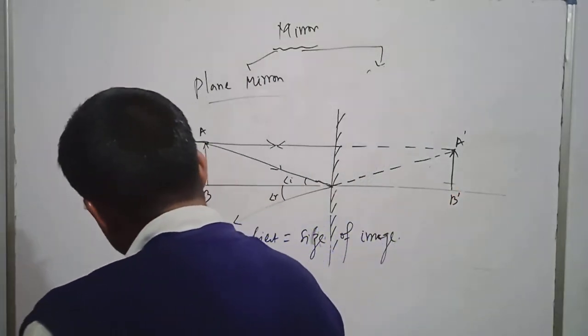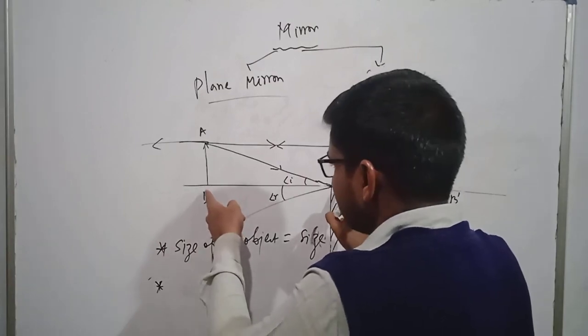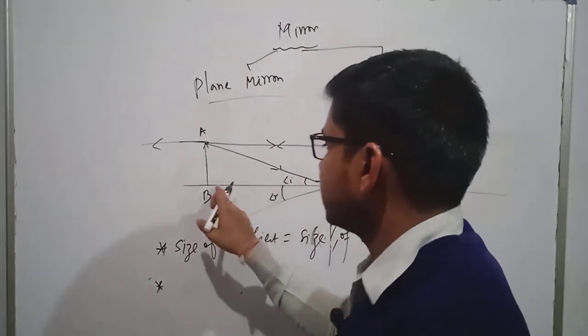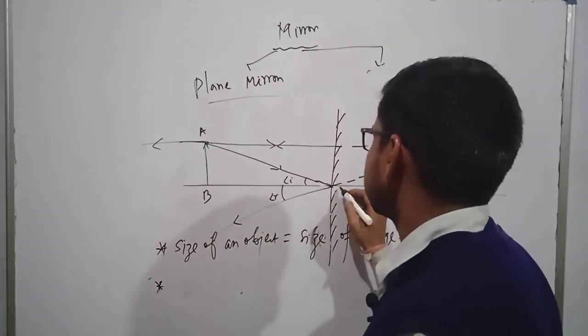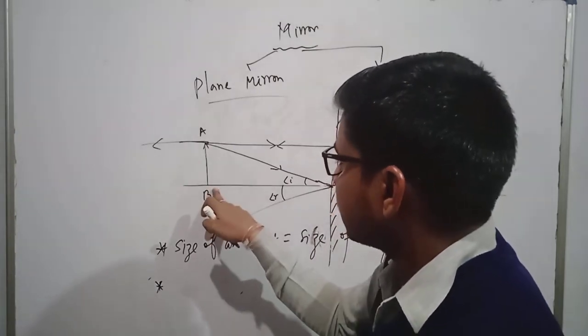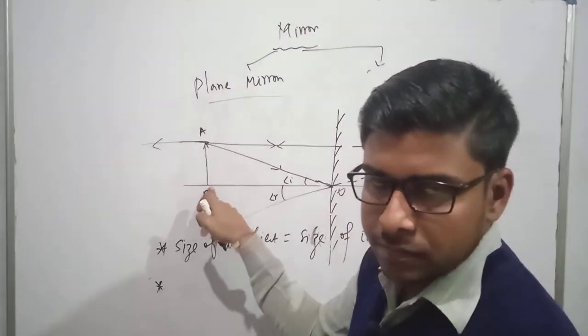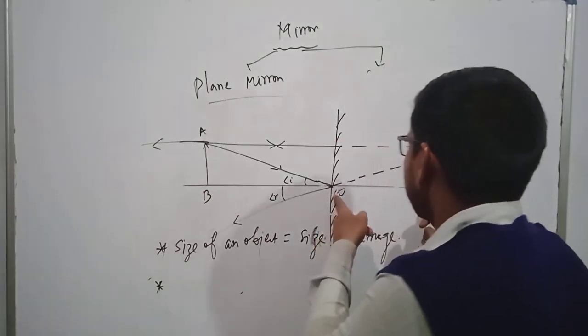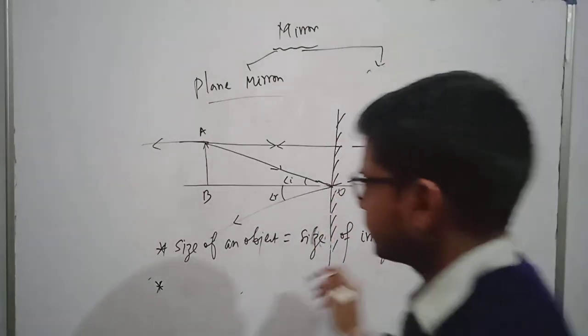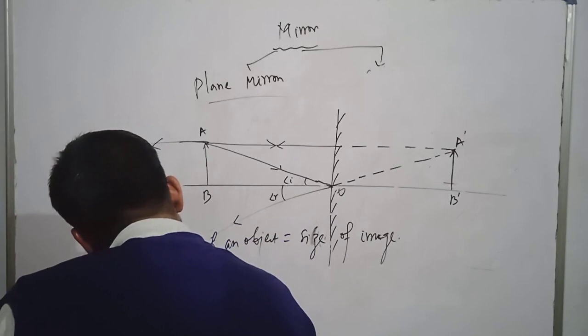Second thing, the distance between the object and the mirror. Suppose there is a point O, the distance between the object and the mirror should be equal to the distance between the mirror and the image. So what you need to write?